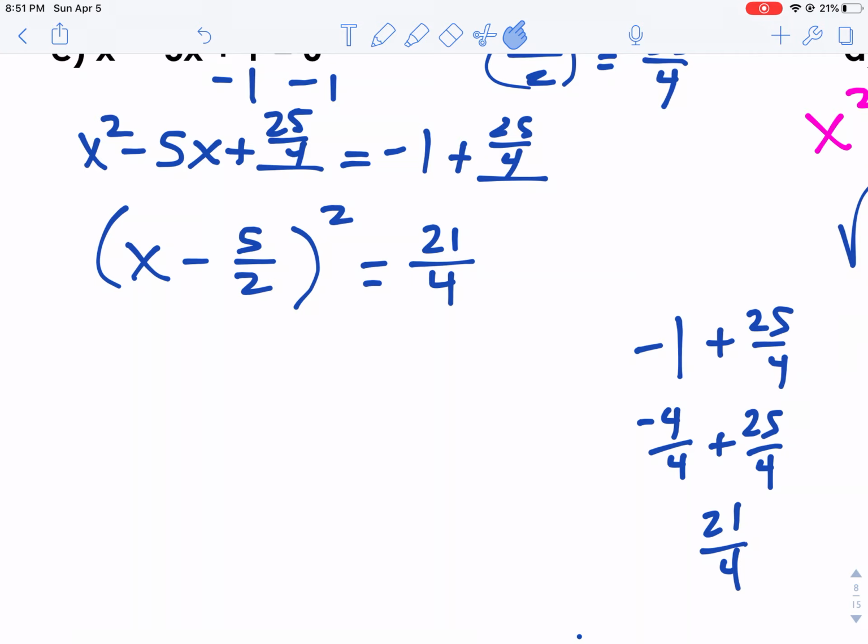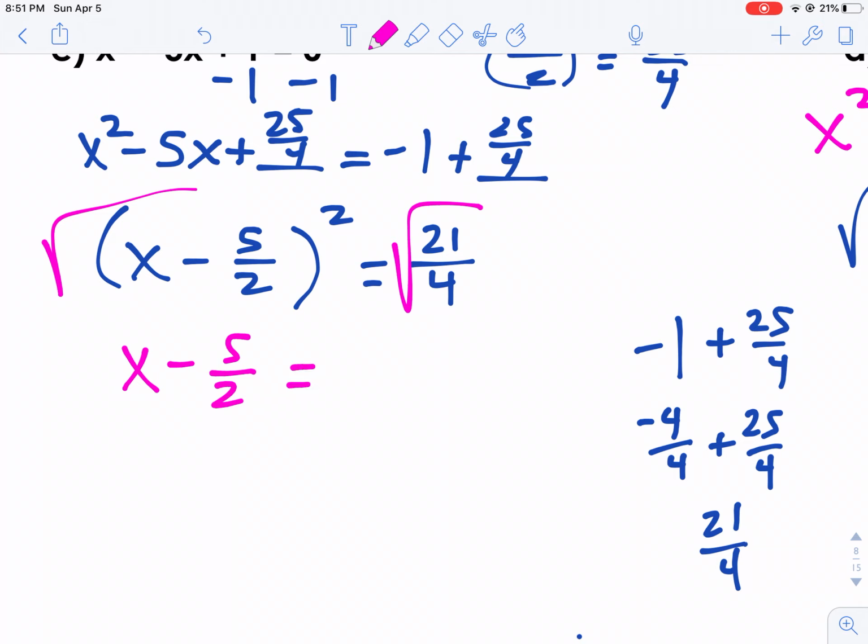Okay. Now we're at that setup where we can take the square root of both sides. The left-hand side, that'll leave us with x minus 5 halves. The right-hand side, and this is why we want to leave it as a fraction, we're going to get plus or minus. We don't know the square root of 21, so that's going to stay root 21, but we do know the square root of 4, which is 2.